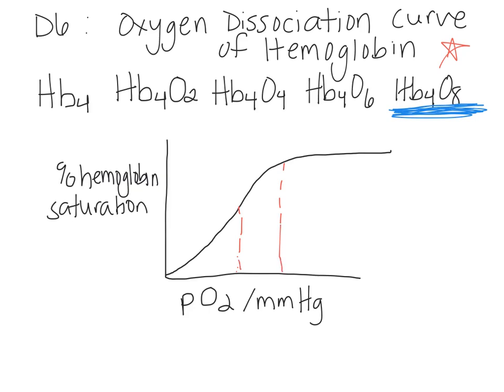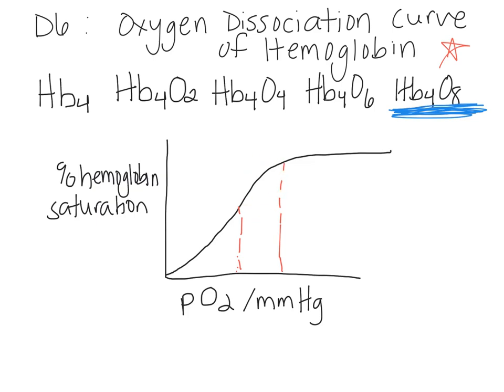So in typical body tissues, we never have such a complete lack of oxygen that we are causing hemoglobin to give up all of its oxygen molecules and become this form. That is very rare. And we typically don't have enough oxygen in our bloodstream to push it all the way out here. There's no point in getting there because that hemoglobin is already saturated with oxygen. So most of the time we're going to be right in here.